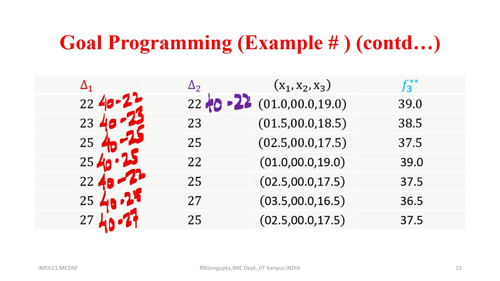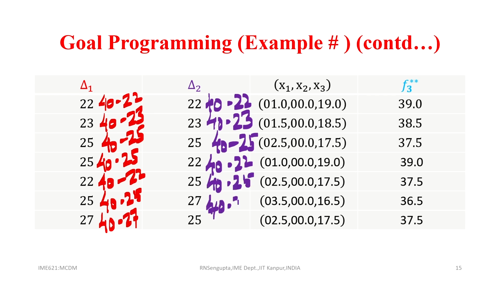So, this 40 value which I am writing is just a coincidence, because I framed the problem very simply, so that everything can be understood. 40 minus 23 for the second, 40 minus 25 for the third, 40 minus 22, 40 minus 25, 40 minus 27, 40 minus 25.